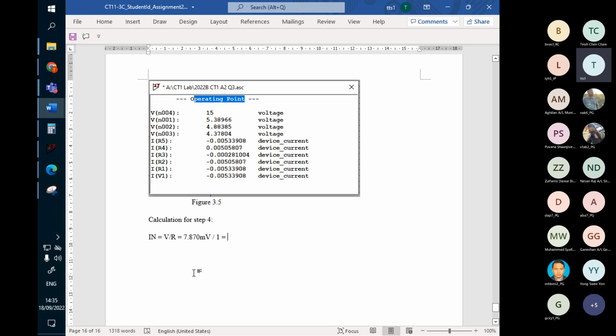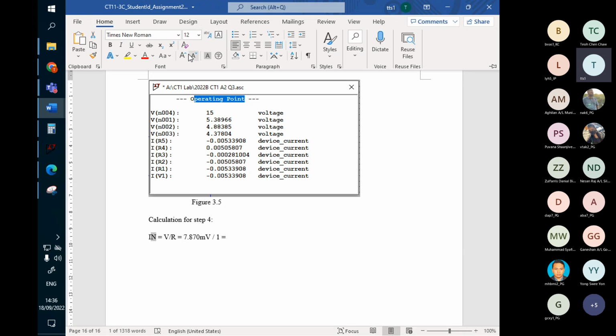Okay, let's see whether this is correct or not. I hope there's no surprise.